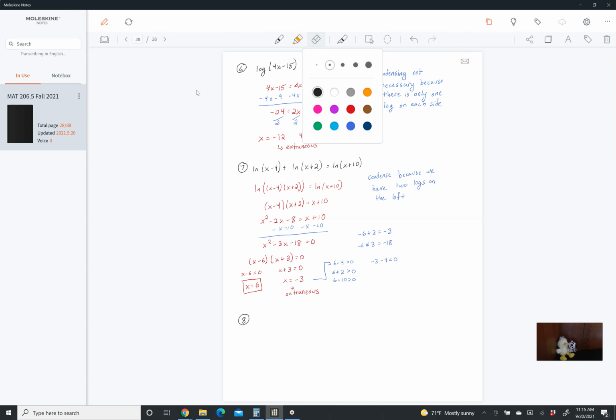Just to make things interesting, let's say that we have ln of x plus 4, and instead of plus, let's make it minus. So ln of x plus 4 minus ln of x minus 2 is equal to ln of x. And notice here we have 2 logs on one side, so we have to condense.